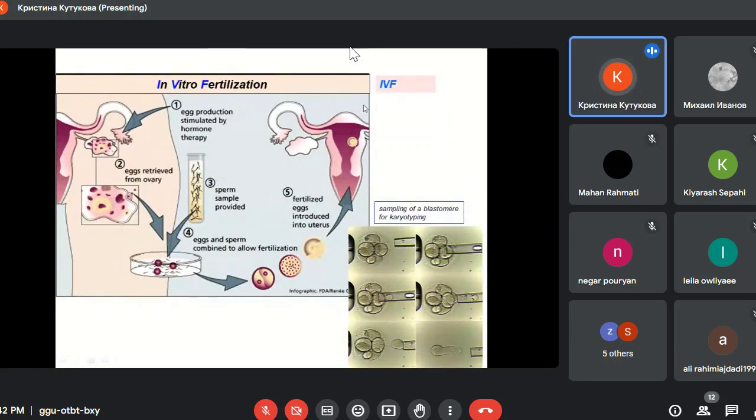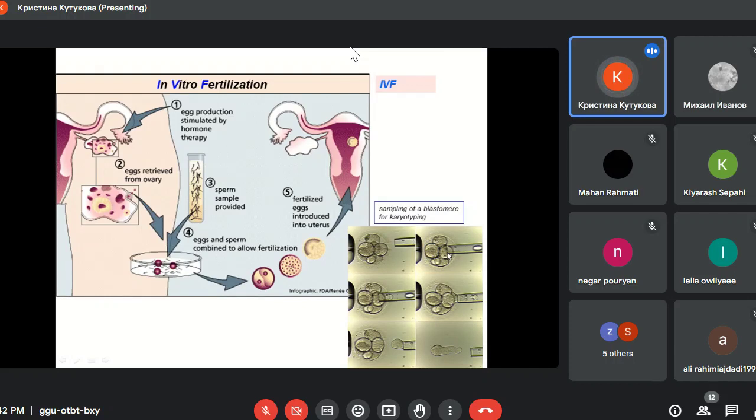In vitro fertilization is when we take the egg cell from the ovary, add some sperm to it, and make an embryo, a zygote, which starts to divide to perform cleavage. We take one blastomere for karyotyping. It means we check the chromosomes.